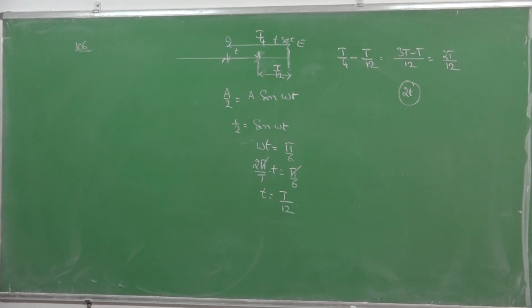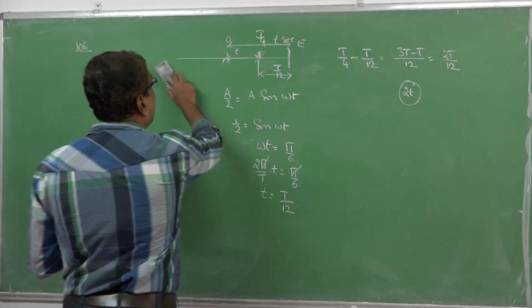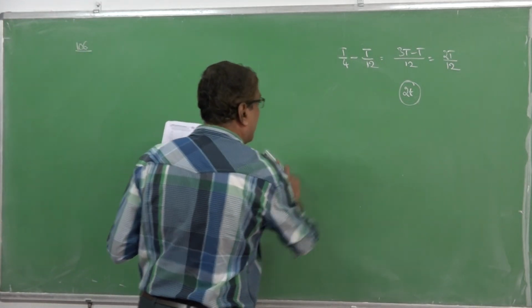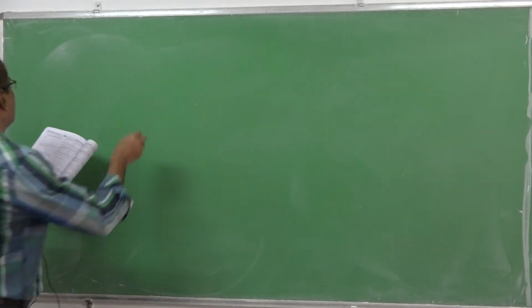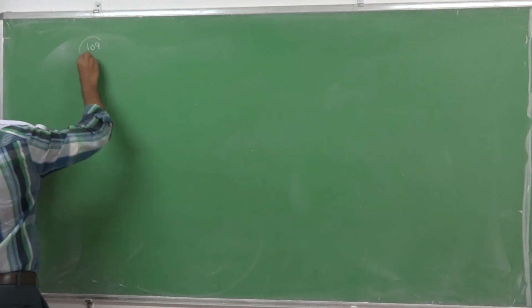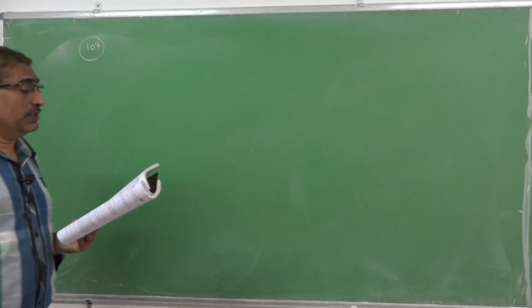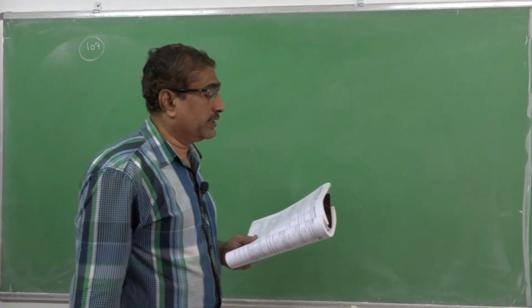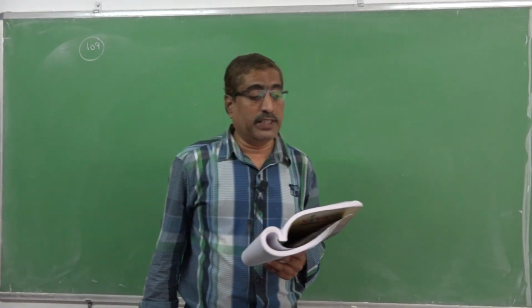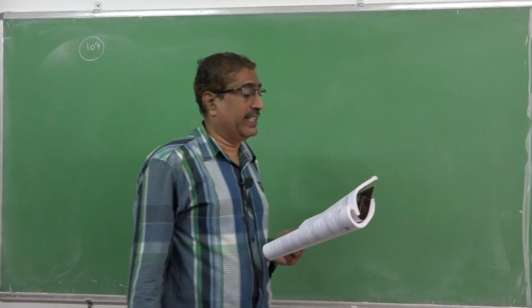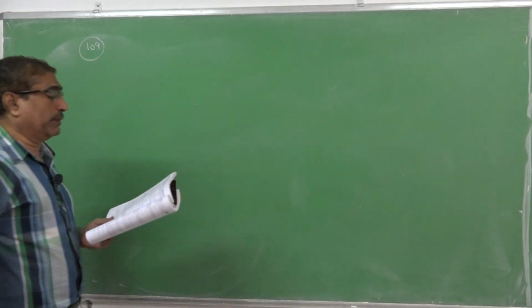Okay, next 109. A particle executing SHM has velocities 20 cm per second and 16 cm per second at displacements 4 cm and 5 cm from its mean position respectively.